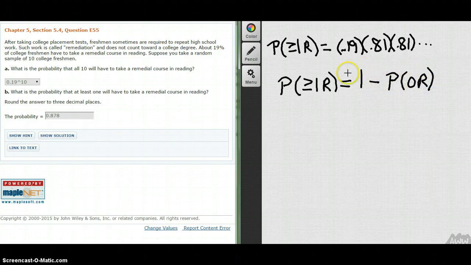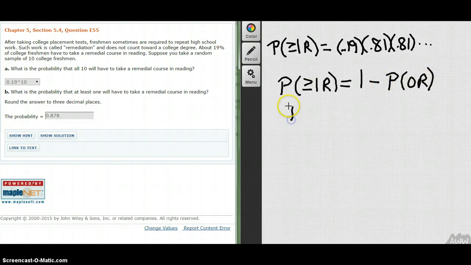In other words, since we know that the probabilities of all the possibilities have to add up to 1, we're starting with 1 and just subtracting out the probability that none of the students were remedial. What does that leave us with? Well, the only other situations are where they had at least 1, potentially more, remedial students in the sample. So we're starting with the universe, all of the possibilities, and then just subtracting out the one case where there is no remediation.